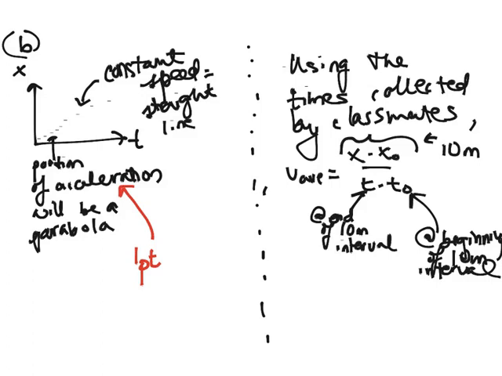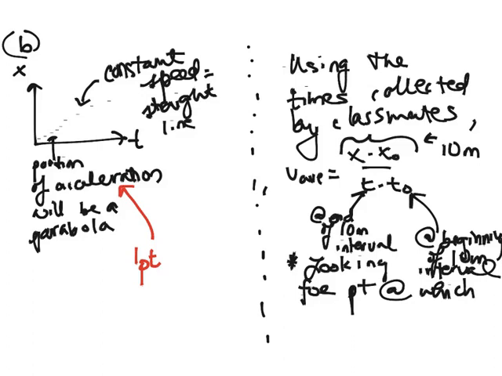Or in the case that you're using v average, you're looking for the point at which v average is constant, and that's where your acceleration stopped.